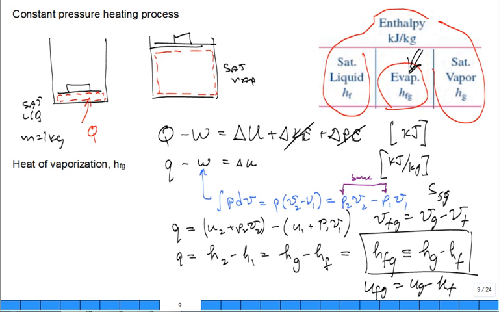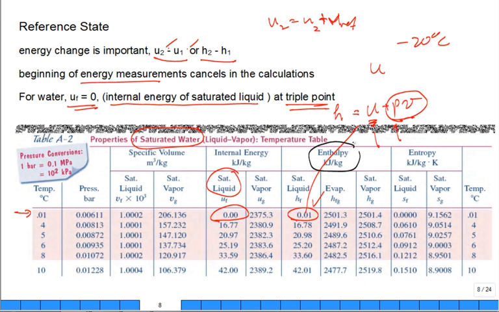But basically, most textbooks only put in the difference between the enthalpy of the saturated liquid and saturated vapor, because it has such a clear interpretation. It's the amount of energy per unit mass to boil or vaporize that fluid at that pressure, constant pressure. So there you go. That's why that column is a little wider for the enthalpy. You have saturated liquid, saturated vapor, but you have this additional hfg column.